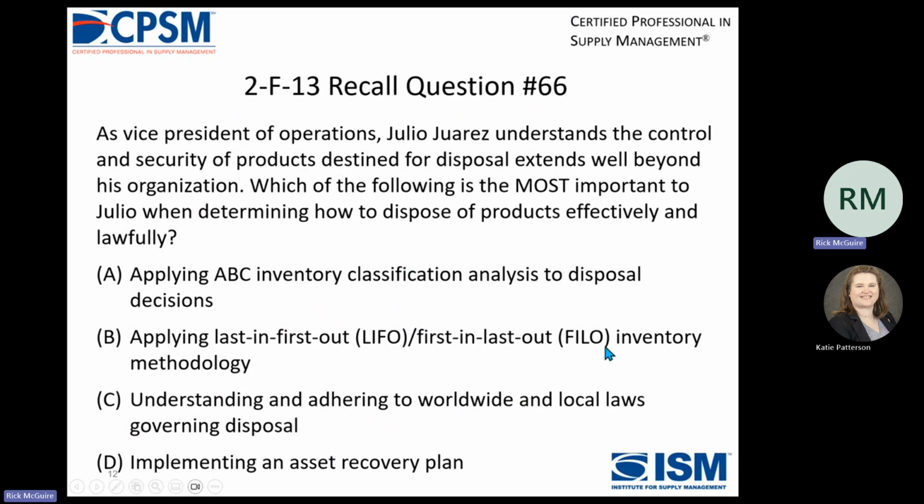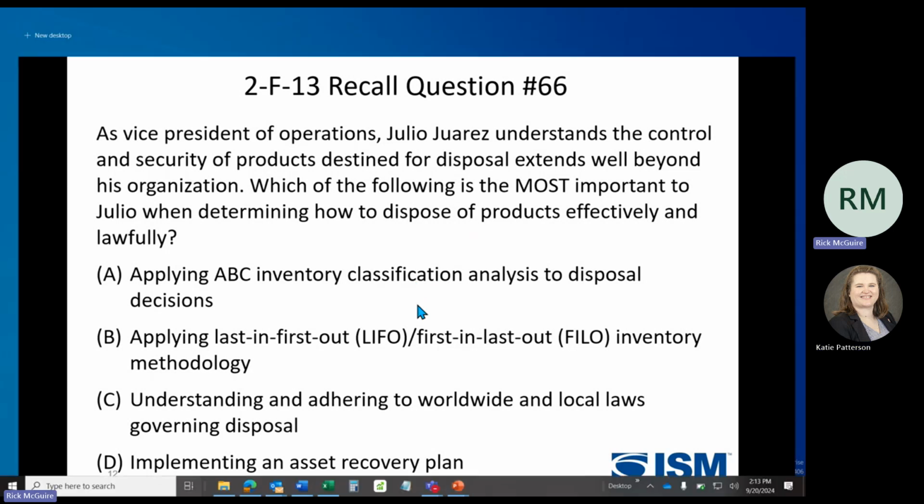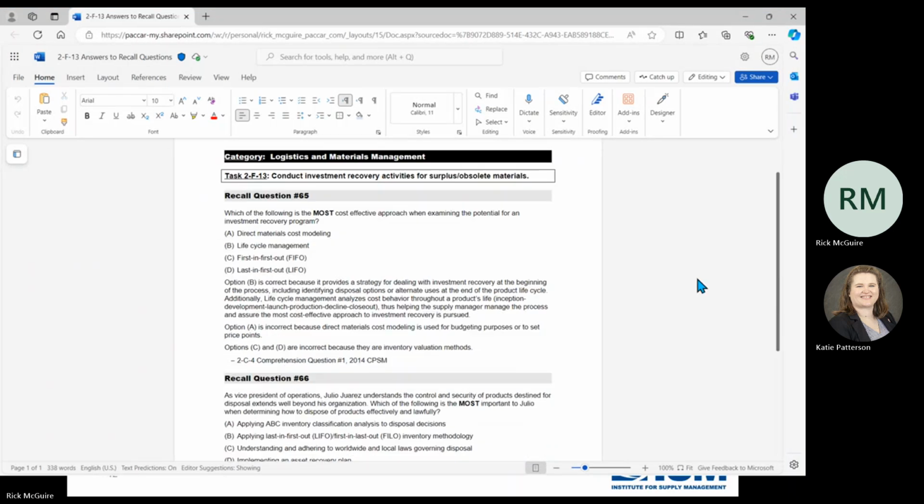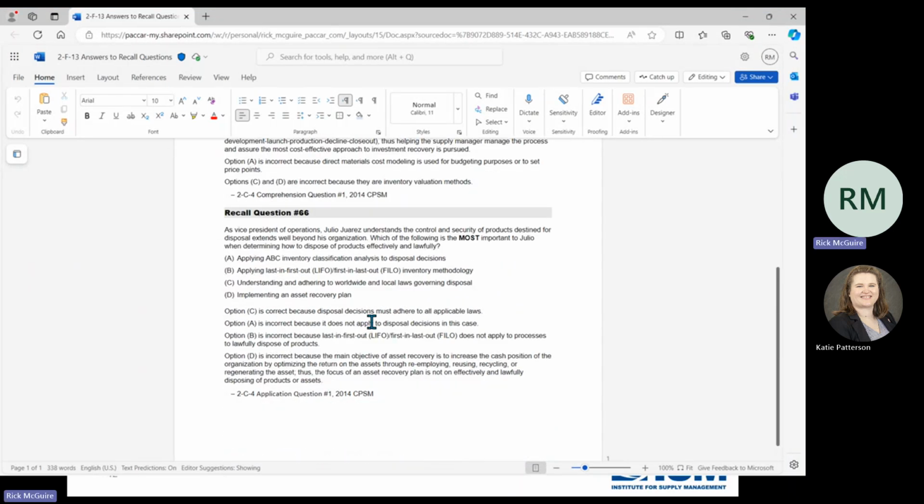FILO, first in, last out. Understanding and adhering to worldwide and local laws governing disposal, that's probably Charlie. That's what I would go with. Let's see what we got here. Charlie, it is.